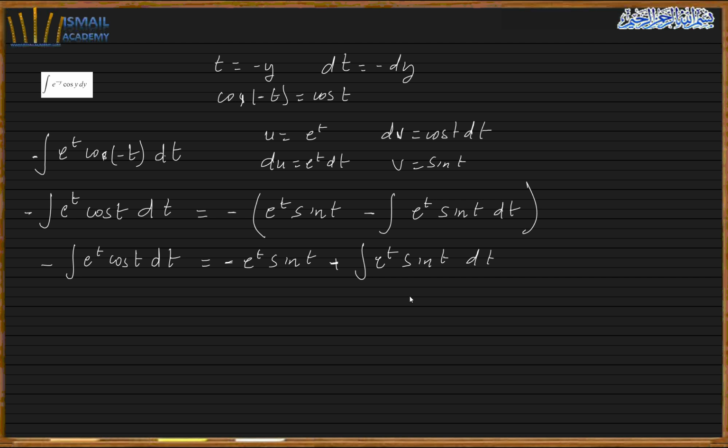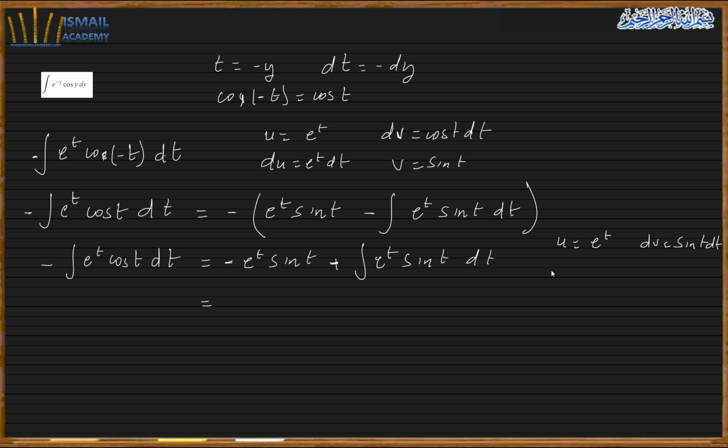So always this happens. So here again, I will use my u to be e to the t, and the v will be sine of t dt. You see, I stick with the same choice. If I choose first my u here as cosine and dv as e to the t dt, I will stick with that choice for the coming integration part I'm going to do.